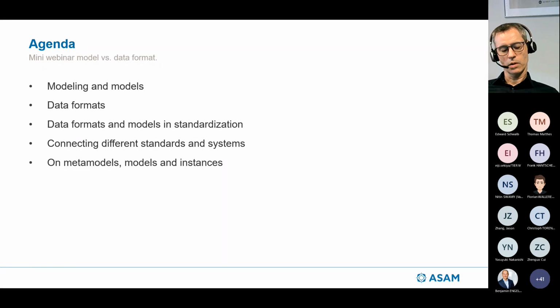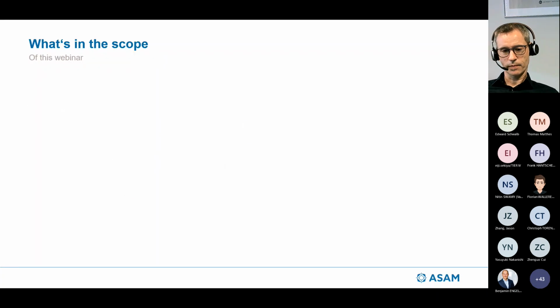We have a short chapter about meta models and instances. I also gathered some quick tips, which reflect some personal opinion but will probably help you in our standardization groups. And last but not least, we have a Q&A of 30 minutes. So let's start right now.